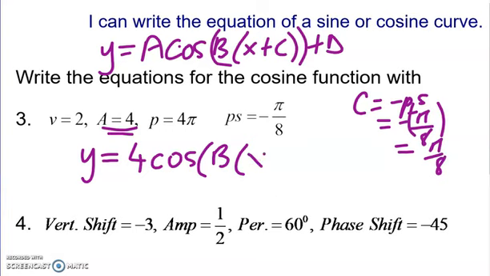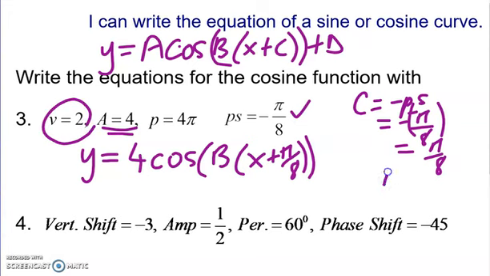So b value is x plus pi over 8. And so I've got that. And then my vertical shift is 2. So that your d value is just the same as your vertical shift, which is just 2 in this case. So plus 2. So the only thing I have to figure out is my b value.